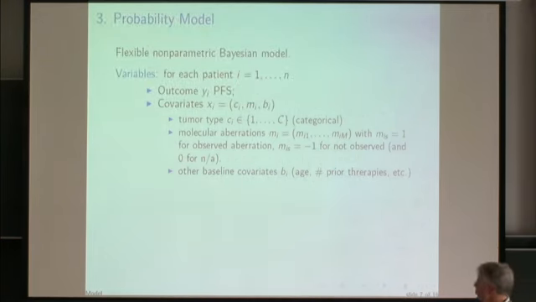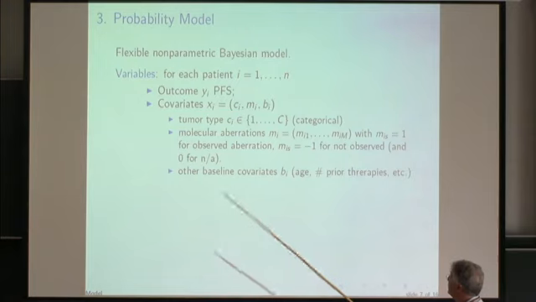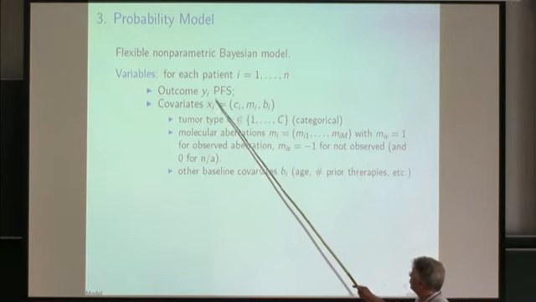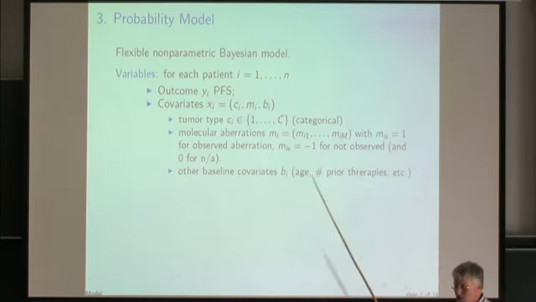I want to still talk you through two more things. I'm going to talk you briefly through the probability model that we use. It's very simple. I could summarize it in a few sentences in plain English and then show you the details. And then I want to show you some simulation results of how you put things into practice. So for the probability model, really all we need is the notation y for the outcome and x for the covariates.